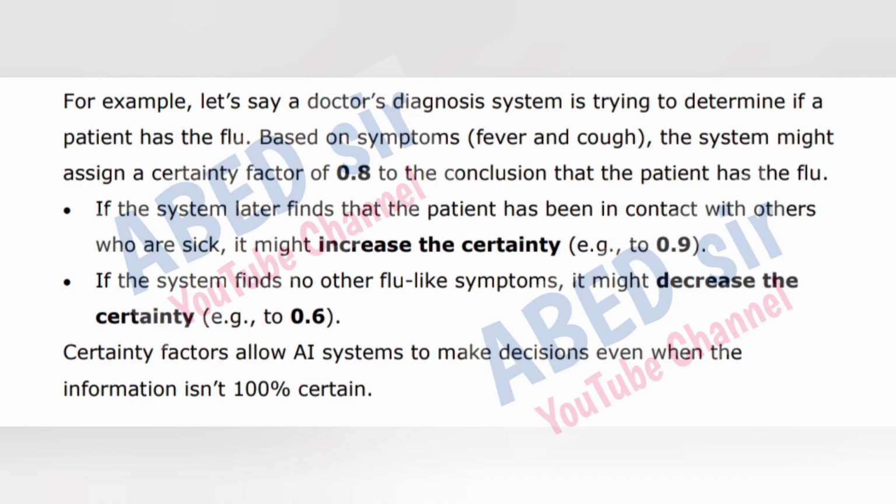If the system later finds that the patient has been in contact with others who are sick, it might increase the certainty, for example, to 0.9. If the system finds no other flu-like symptoms, it might decrease the certainty, for example, to 0.6. Certainty factors allow AI systems to make decisions even when the information isn't 100% certain.